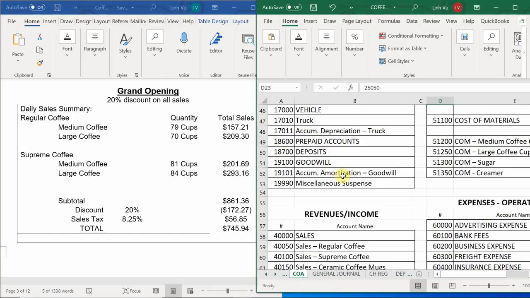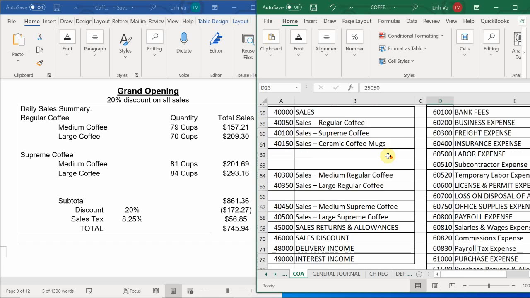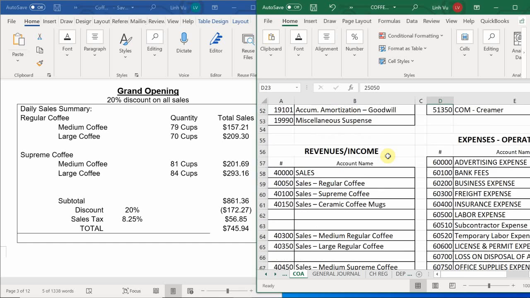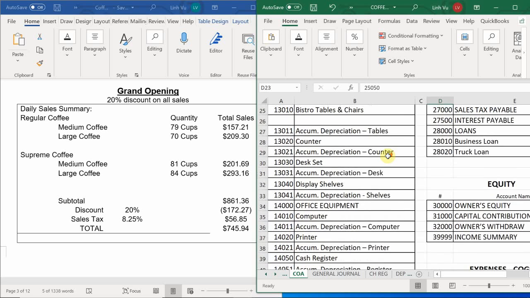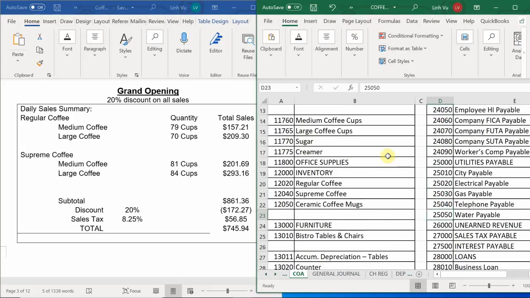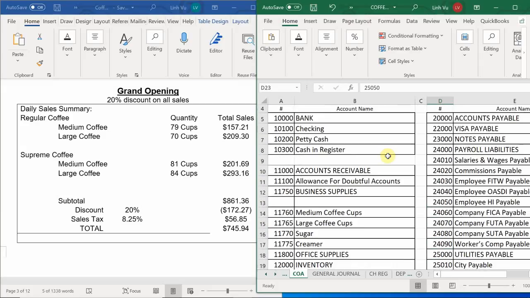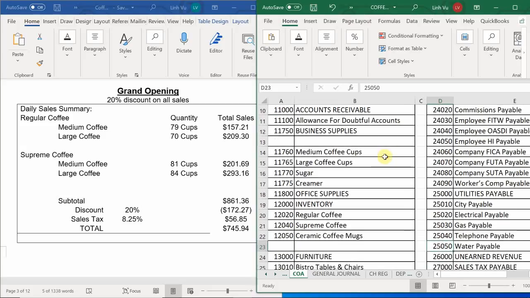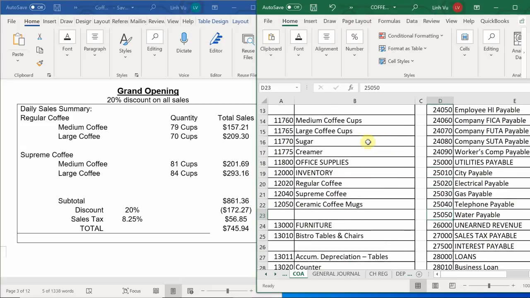Where would I find my sales tax payable? What type of an account would that be? Isn't that a liability?